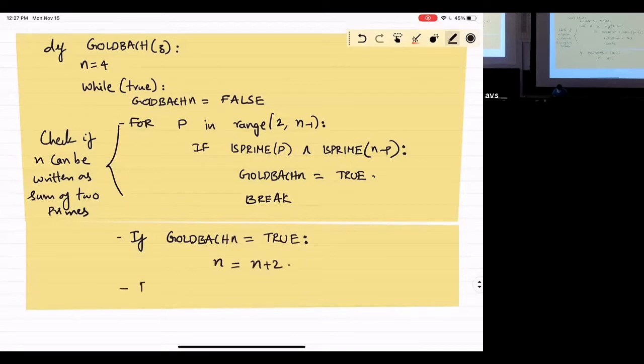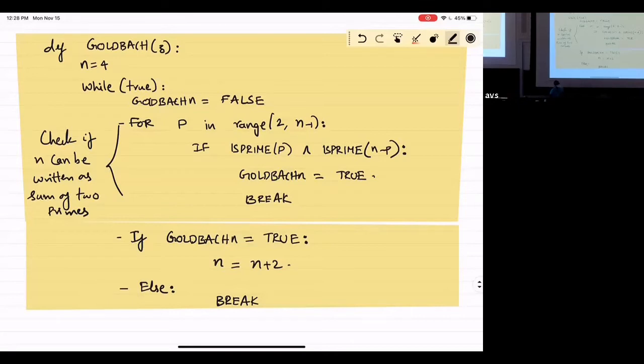That's it. Else, break. This break is for the outer while loop. Okay? So there's a question in the chat. I'll get to that in a second, but let me finish this thought.